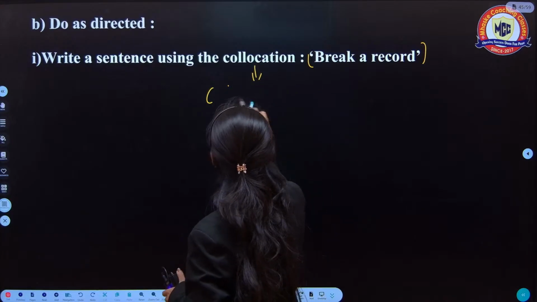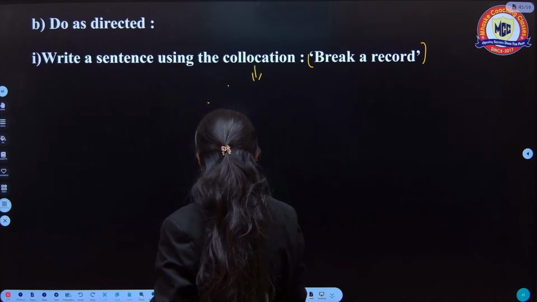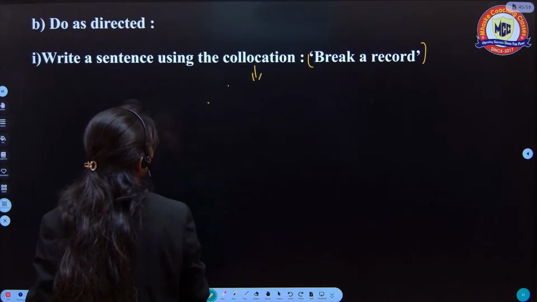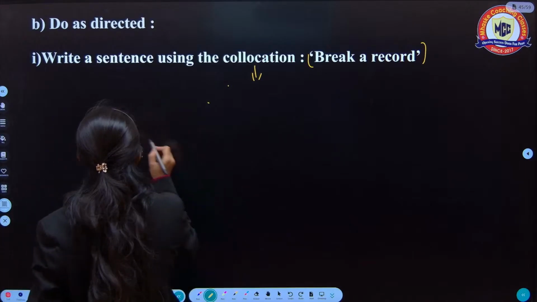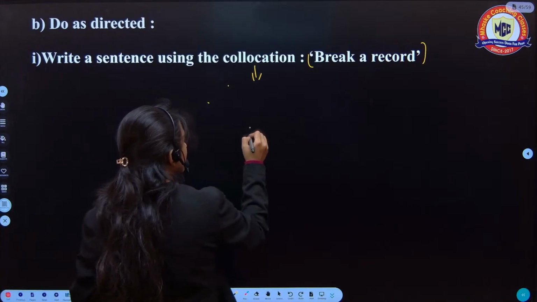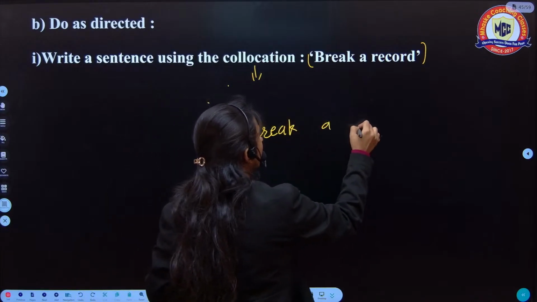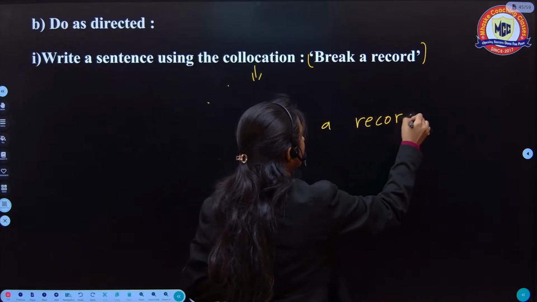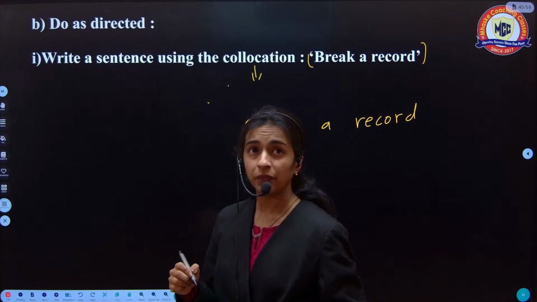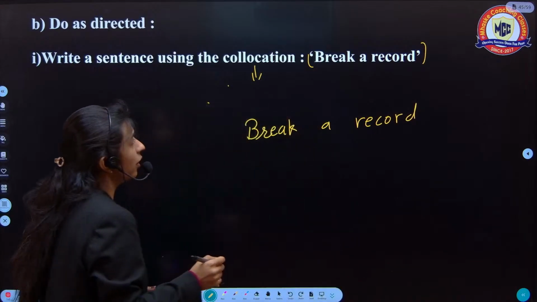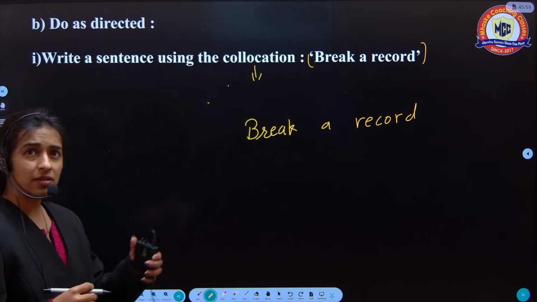So break a record. You have to write a sentence for the same, which means when you are writing a sentence, you must use the phrase break a record in it. So how will you use it? Break a record means there is a record.